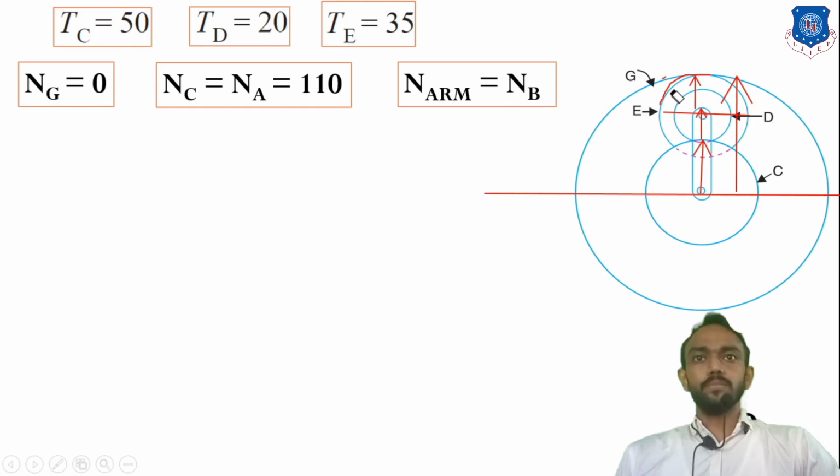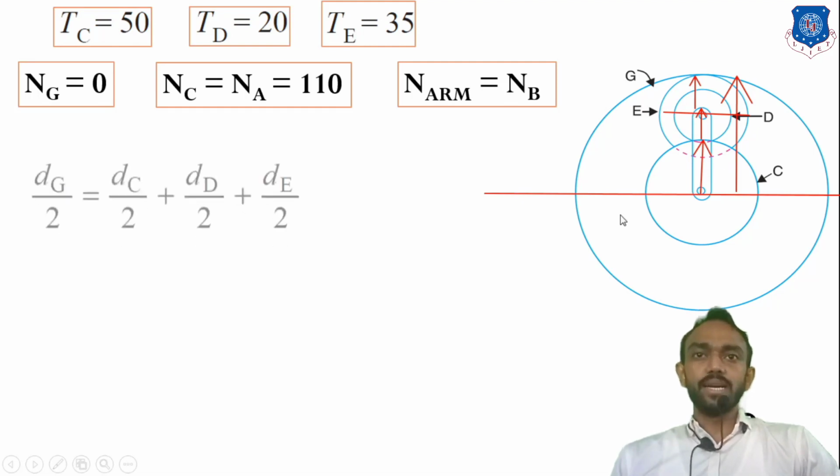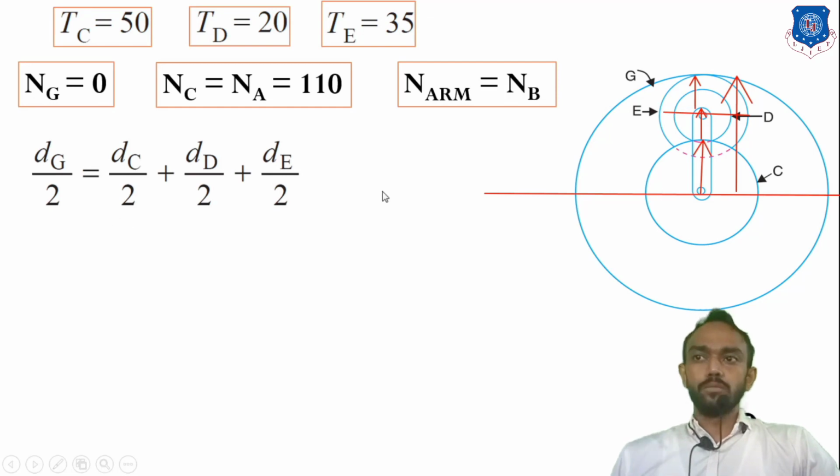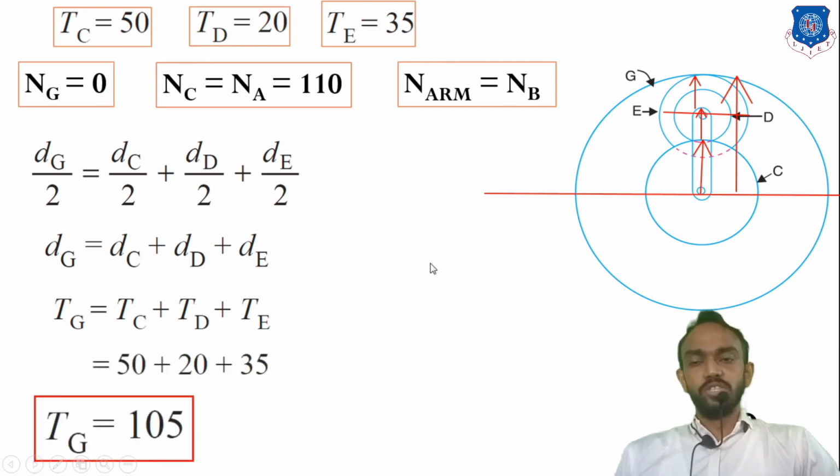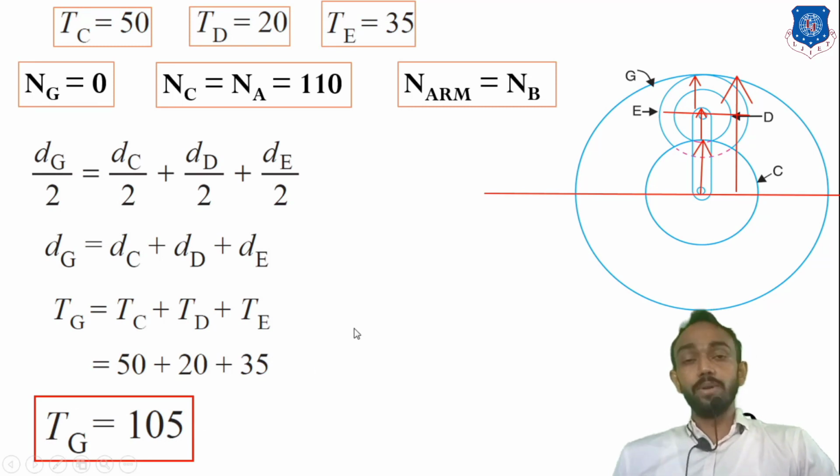So the radius of E completes the total radius. Radius is diameter by 2, and diameter is replaced by the teeth. Now you know the teeth of three gears, so you can find the teeth of G, which is 105. We will remember this teeth count of gear G, as it will be useful during our calculation.